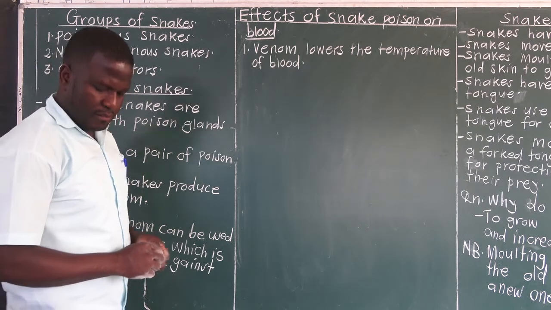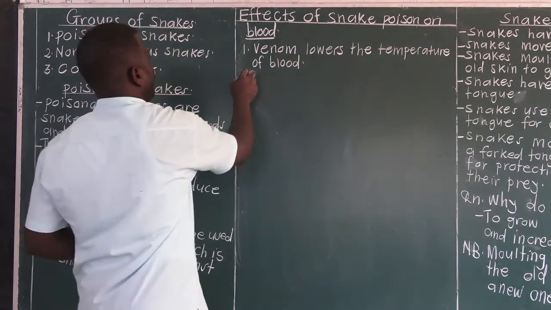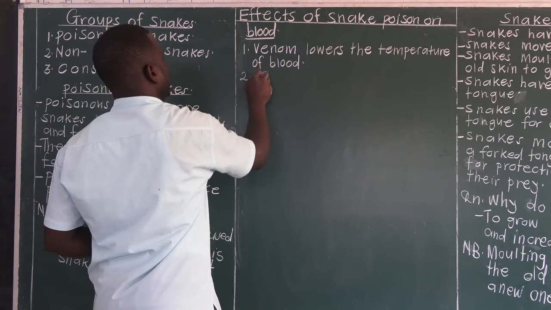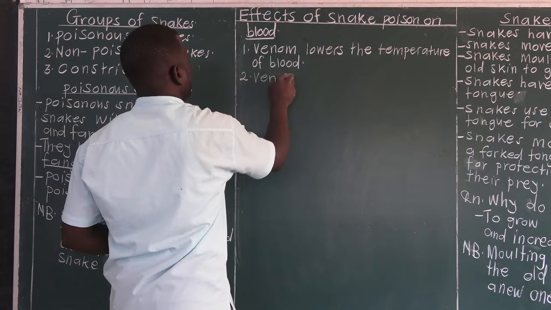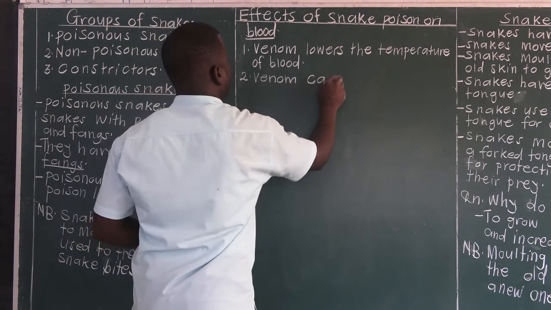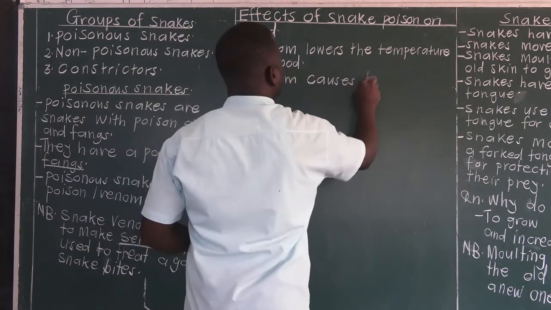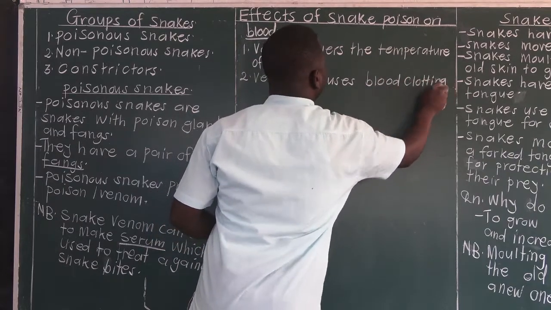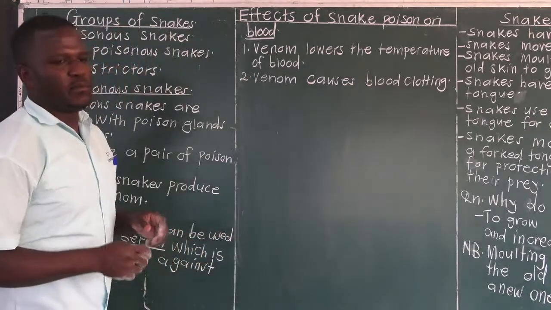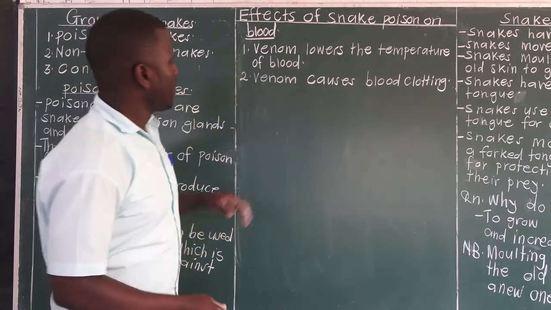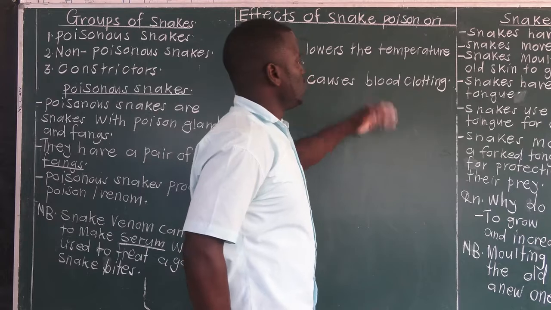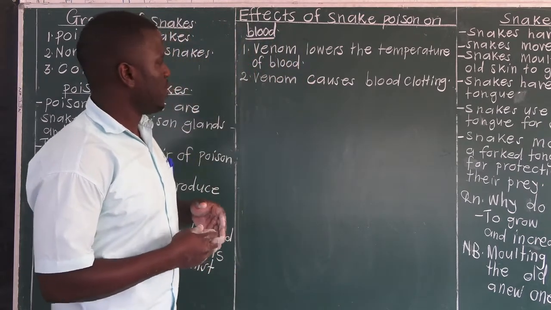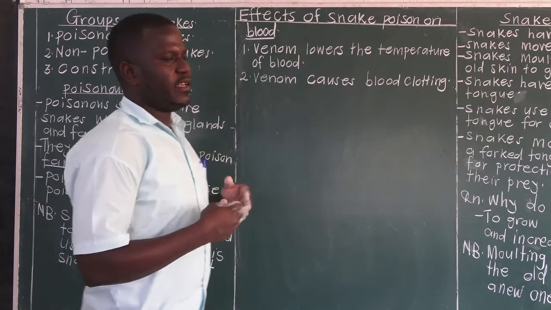Then it causes blood clotting. Venom can make blood to clot. When we say blood clotting, we simply mean blood solidifies and it fails to flow in your blood vessels because it has solidified.